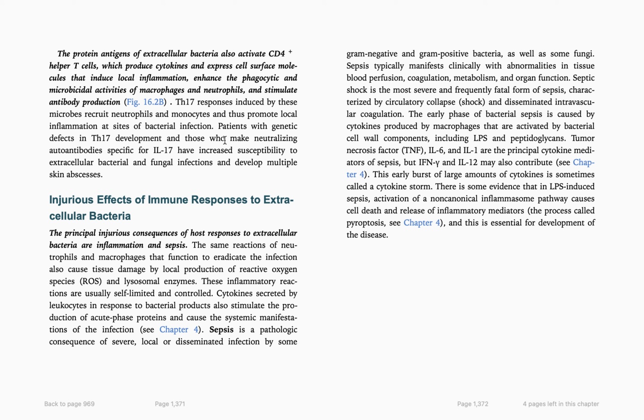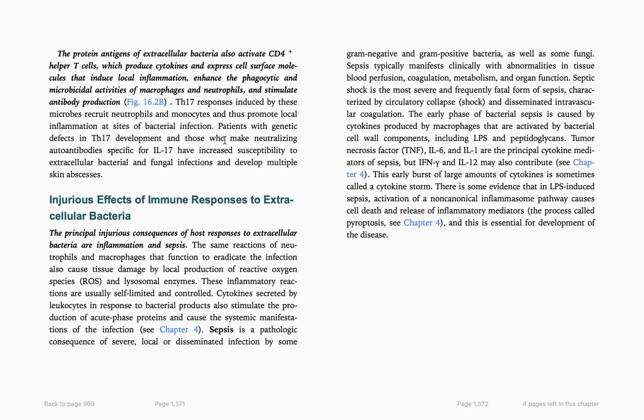Patients with genetic defects in T helper 17 development and those who make neutralizing autoantibodies specific for T helper 17 cytokines have increased susceptibility to extracellular bacterial and fungal infection, and develop multiple skin abscesses.